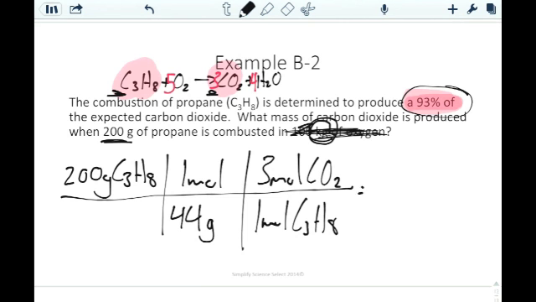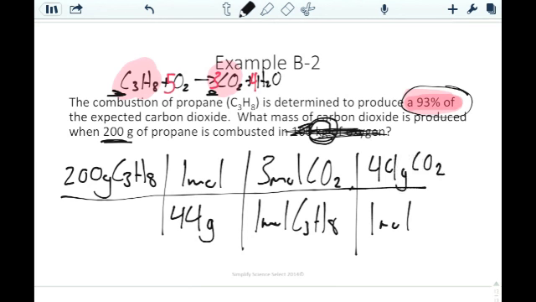Okay, not done, because we need to have it in grams, because we want to find out what mass of carbon dioxide is produced. So we go from moles back to grams, which carbon dioxide has a molar mass of right around 44 grams for CO2.